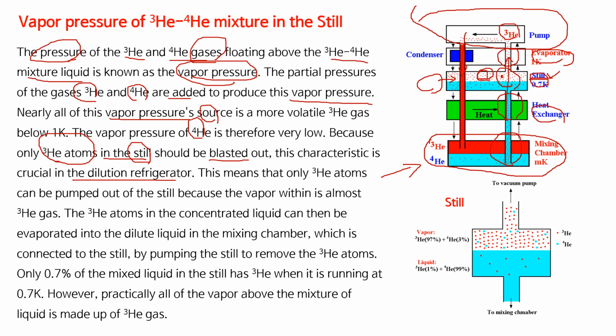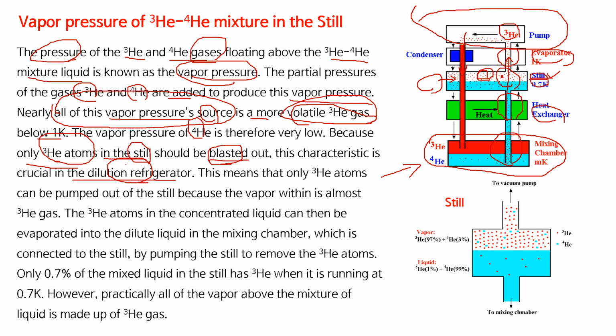So because only helium-3 atoms in the still should be blasted out, this characteristic is crucial in the dilution refrigerator. So all of this vapor pressure source is the more volatile helium-3 gas below 1K.